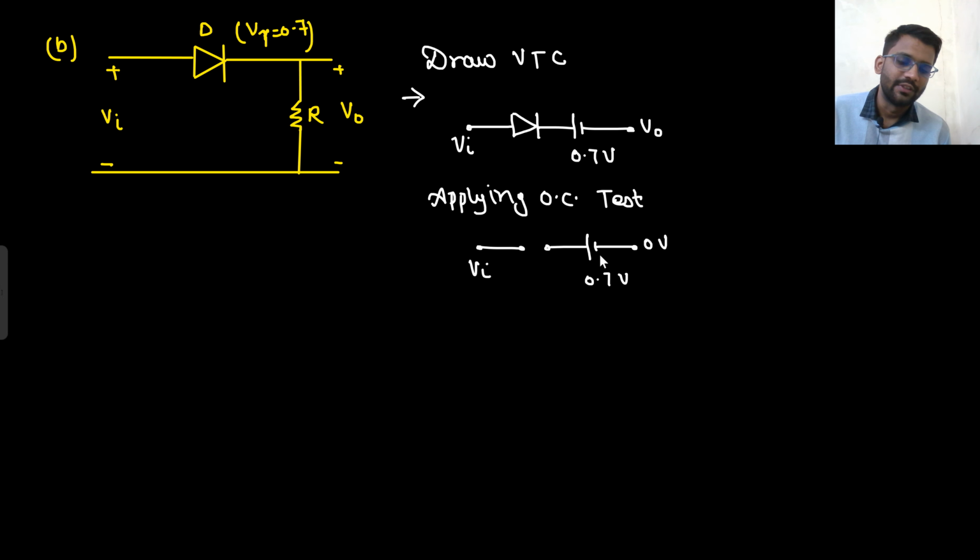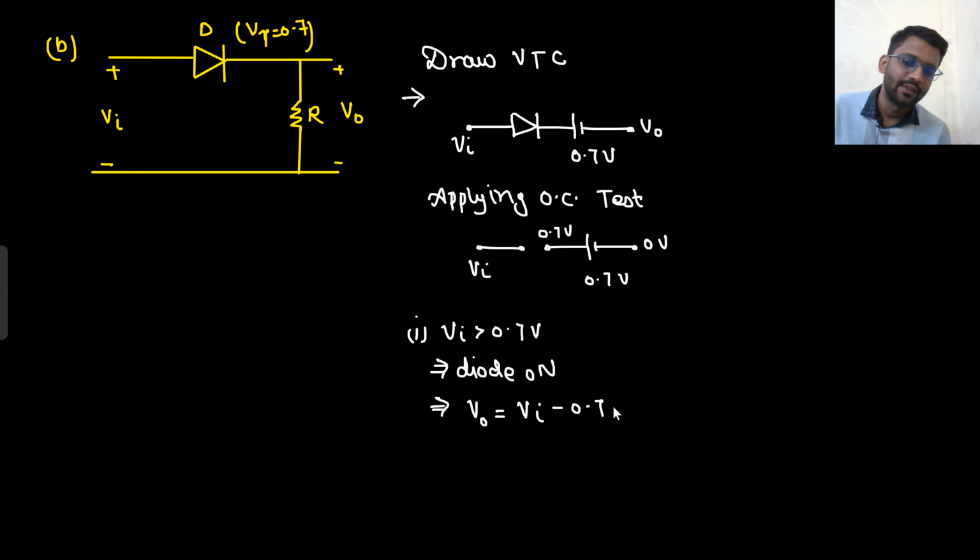If this point is 0, this point will be 0.7 volt. Well and good. So first thing, if V in is greater than 0.7 volt, that means the diode will be on. And if the diode is on, what will be your output voltage? Tell me. Output voltage will be V in minus 0.7 volt.